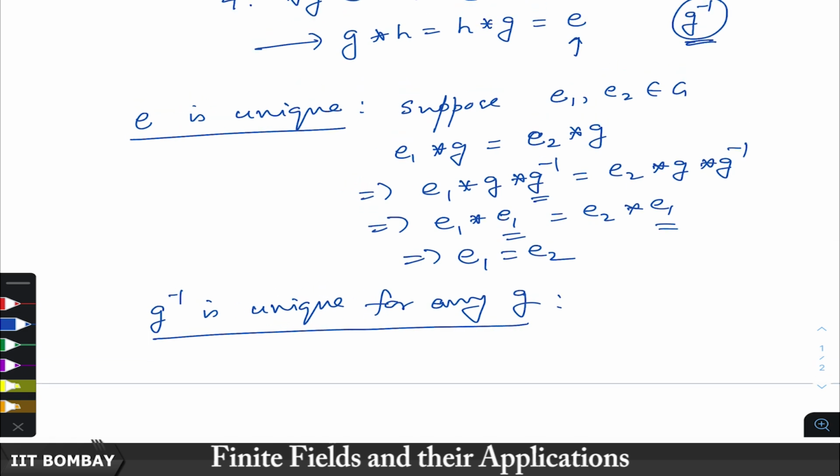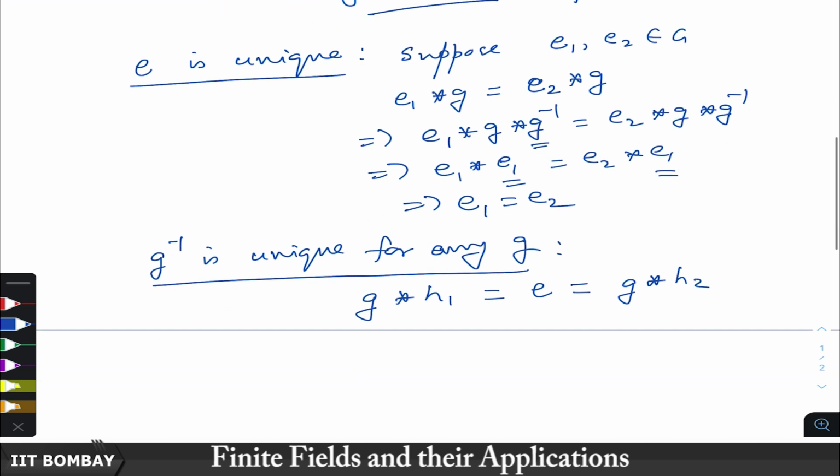Again, suppose there are two, G1 and G2, which satisfy this property here, then let us call them H1 and H2. So, G star H1 is same as E, right, it is E, and which is also same as G star H2, because H2 is also an inverse, and then you can multiply.